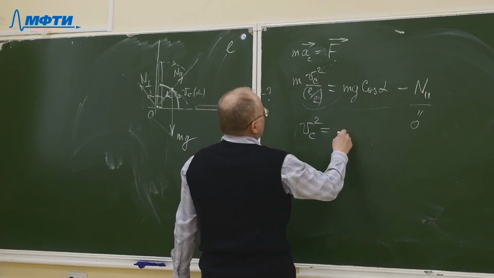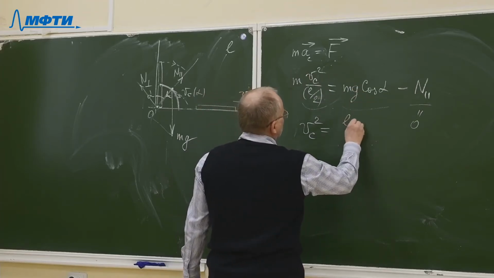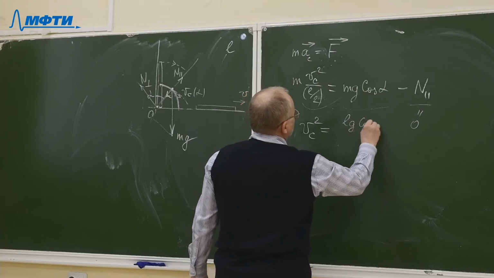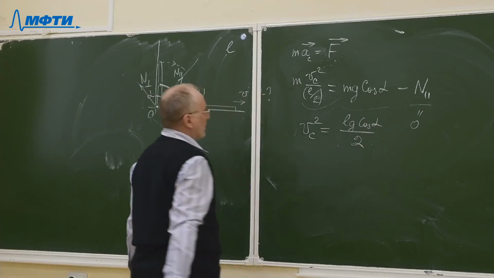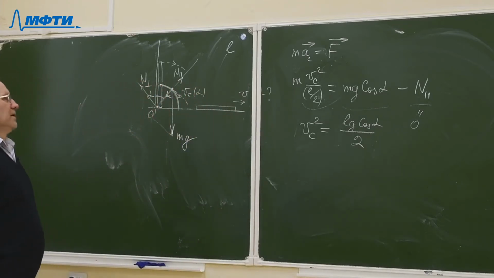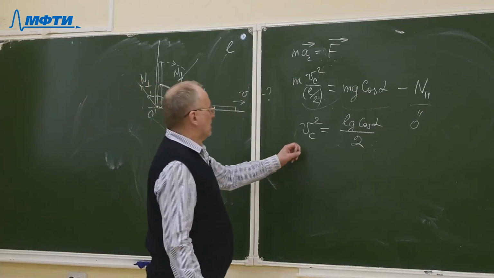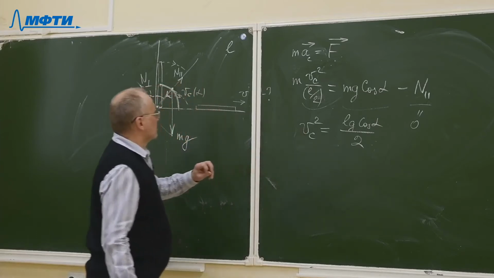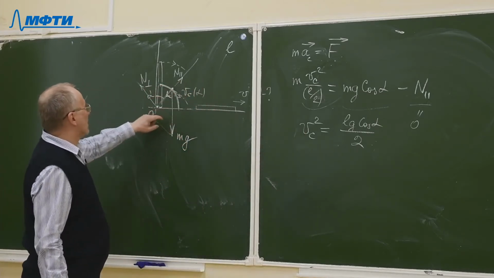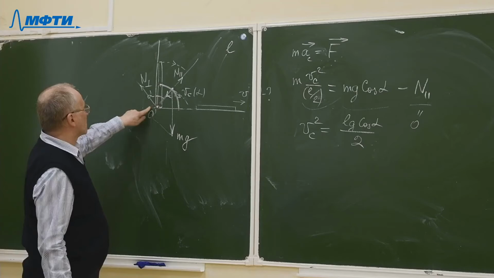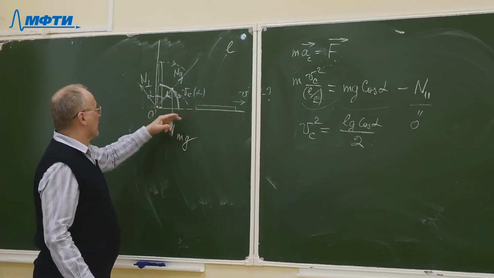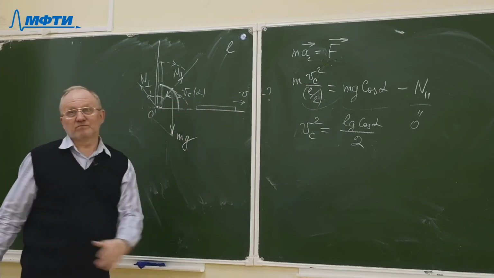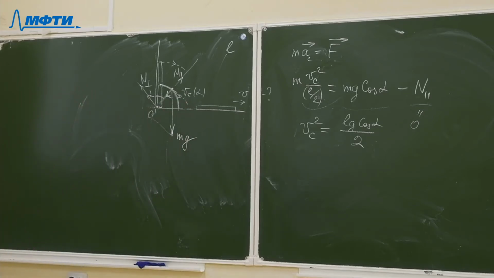M will cancel, and it will be L g cosine alpha divided by 2. That's the velocity squared of the center of mass at the moment when the plate loses its contact with the vertical wall and no horizontal forces act here anymore. That's the very important moment.